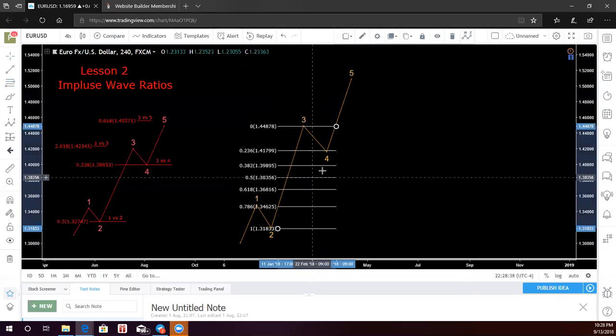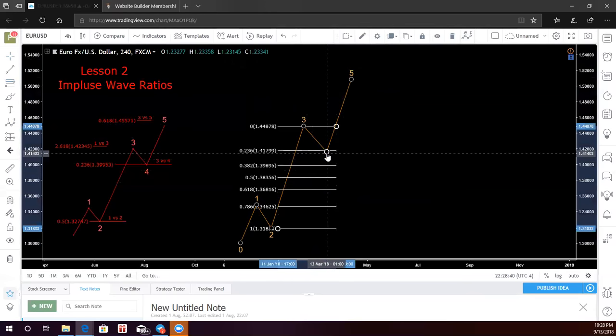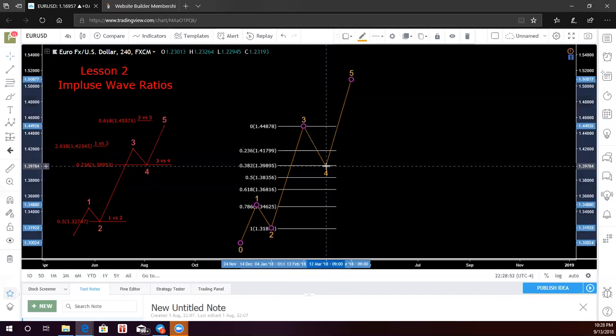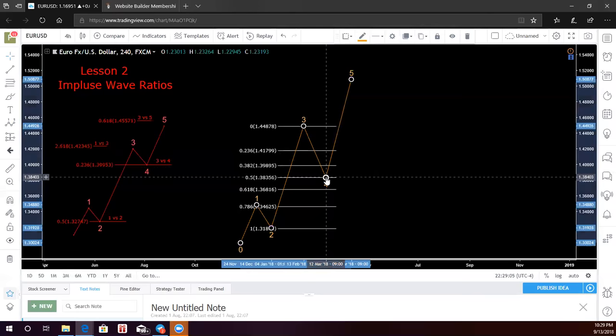Now, the most common ratios that you're going to be looking for on wave 4 are going to be the 0.236 or the 23.6%, or the 38.2%. Wave 4 is allowed to reach the 50%. It's very rare. However, it is allowed to reach the 50%, but keep in mind that wave 4 can never surpass the 50% mark of wave 3.